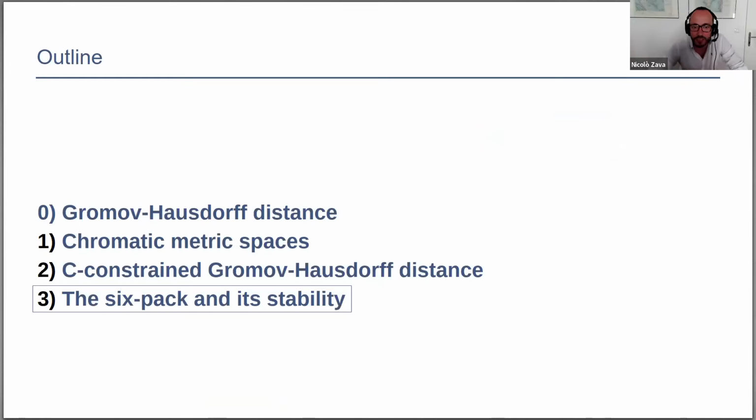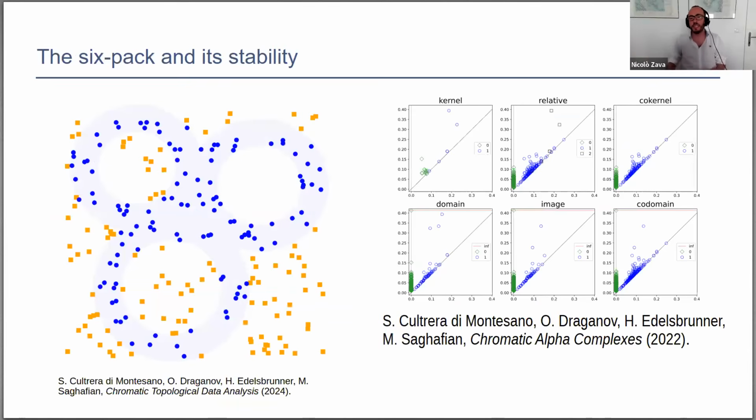So let's talk about the six-pack and its stability. What is the six-pack? They are six persistence diagrams that were introduced by Sebastiano, Ondřej, Herbert, and Morteza to detect, with an eye on homology, the relationship between colored points or points that are labeled differently.